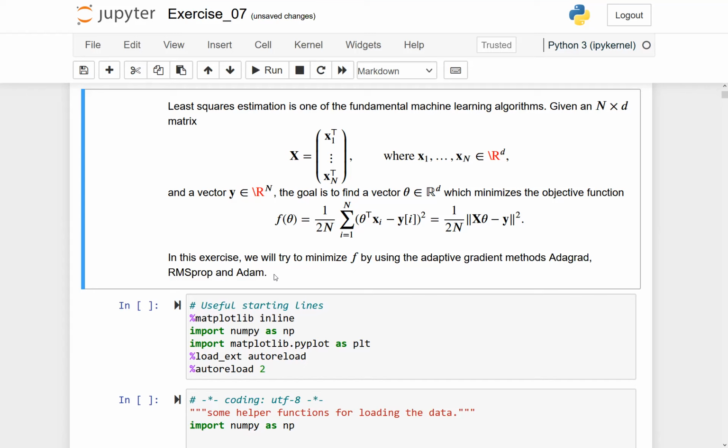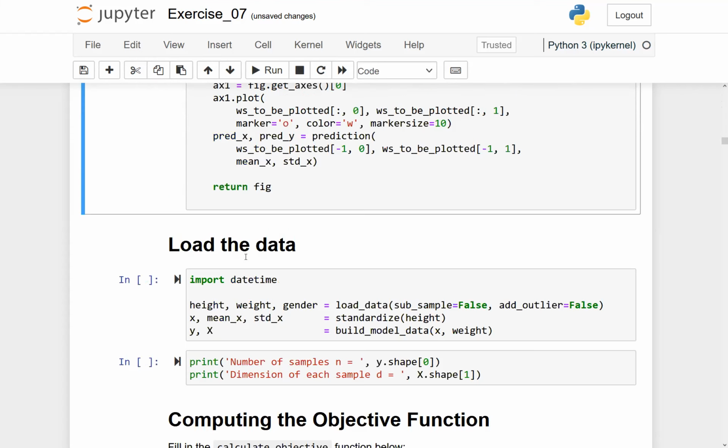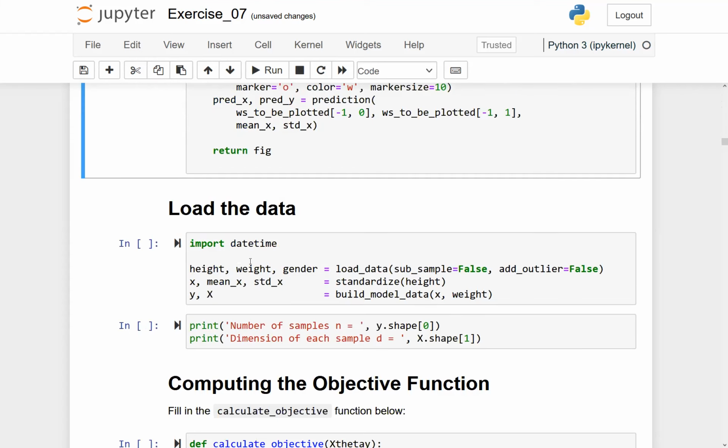All right, so as usual, we load our helping functions. We load our data with the height and weights, where I still cannot remember which was which. So we want to predict the weight via the height.